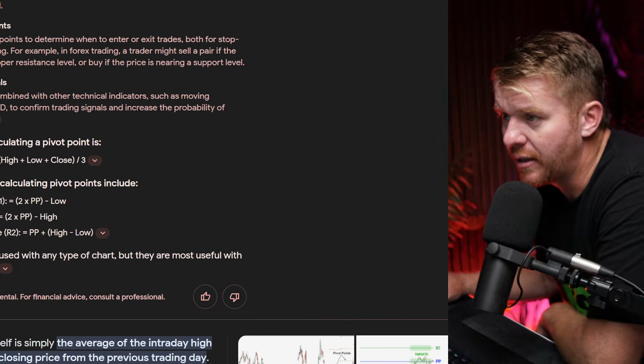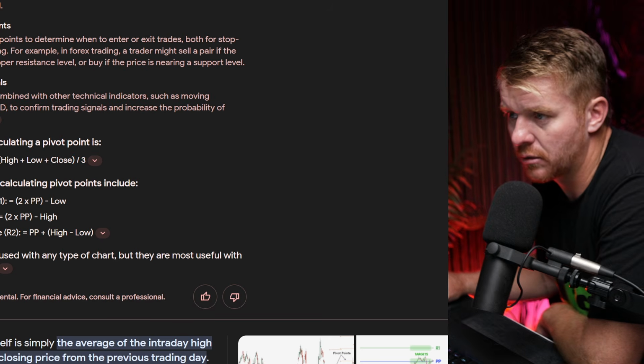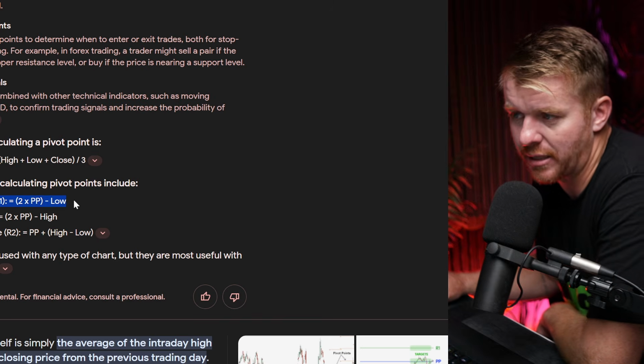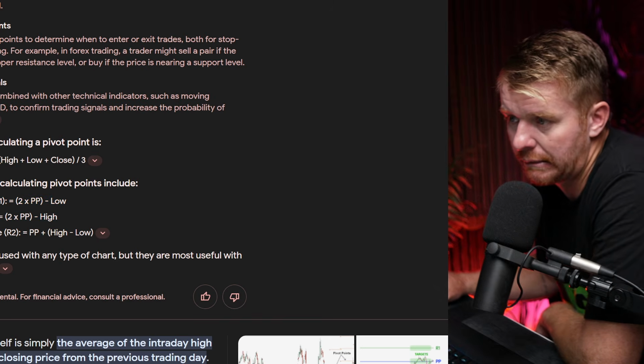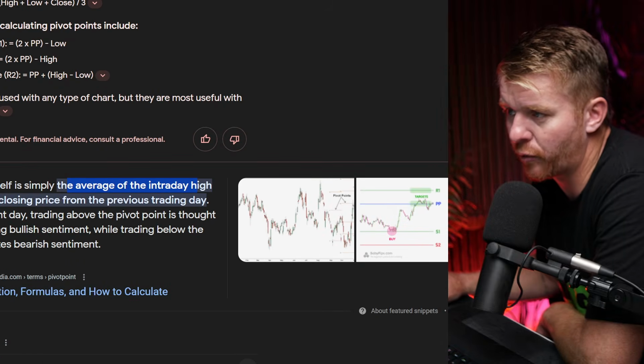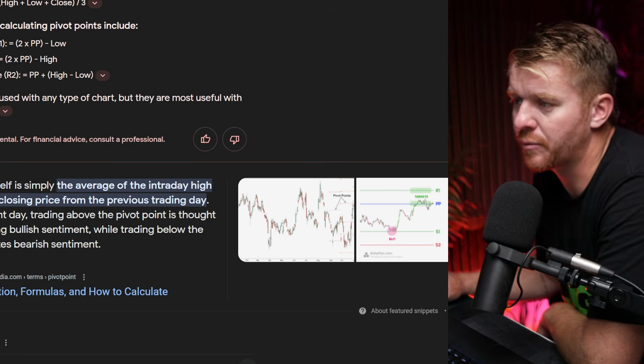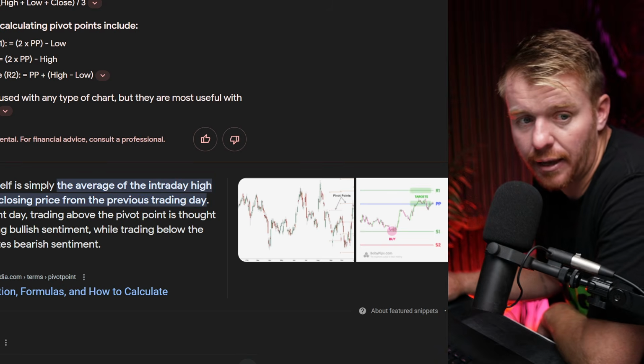So it's basically the high plus the low plus the close divided by 3, is how it goes. The pivot point itself is simply the average of the intraday high and low and the closing price from the previous trading day.